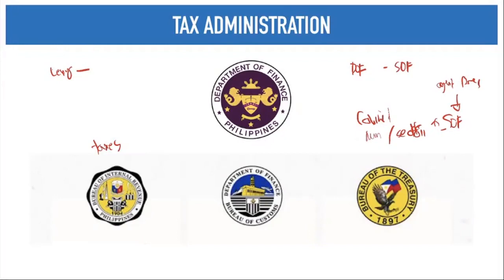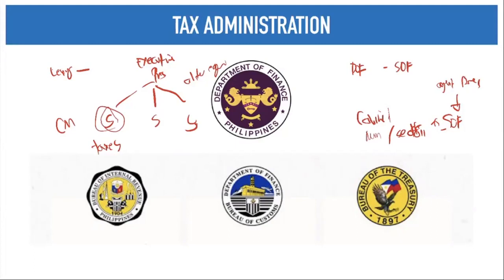So under the executive, the President has different agents, which are your different secretaries or your cabinet members. And these agents are called the alter ego of the President. When we mean alter ego of the President, whatever the secretaries do is the act of the President.